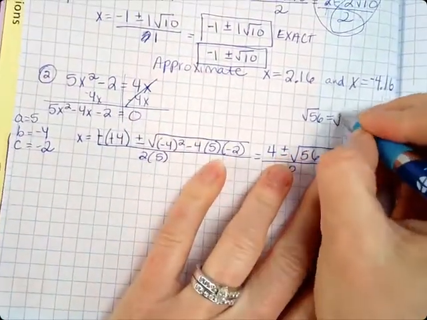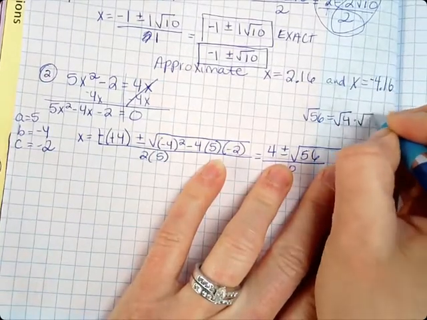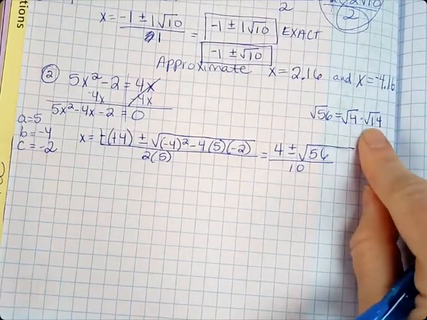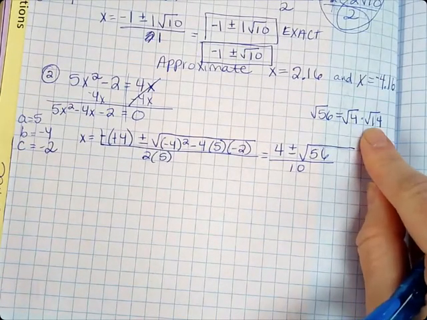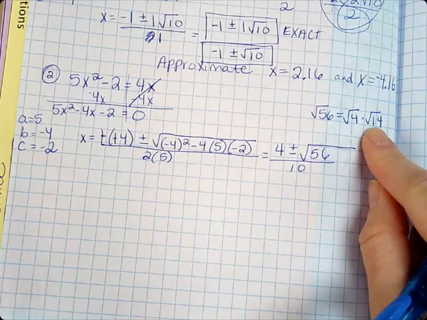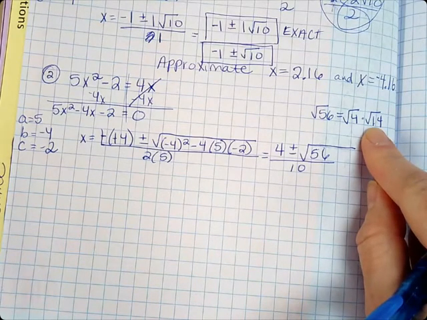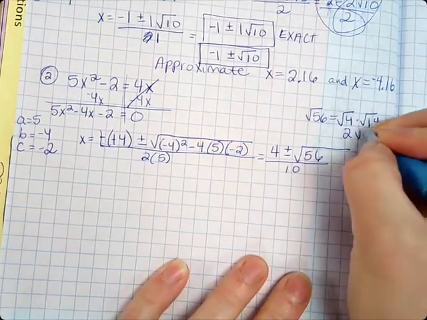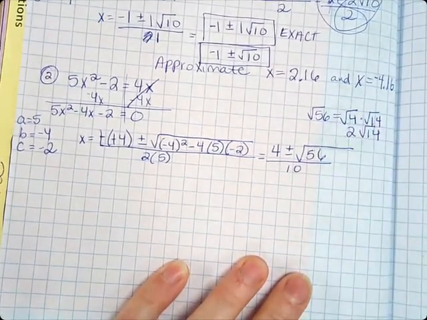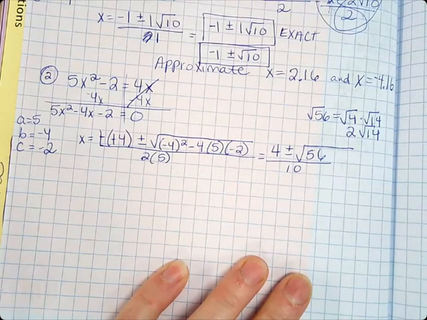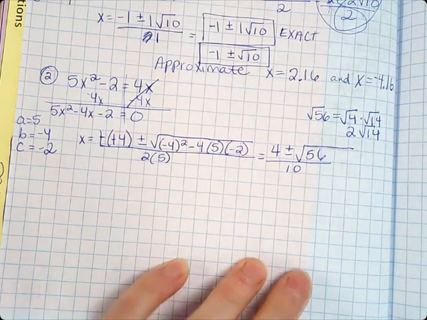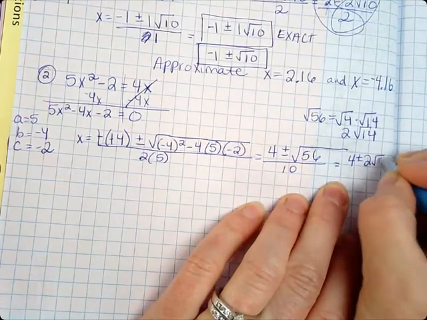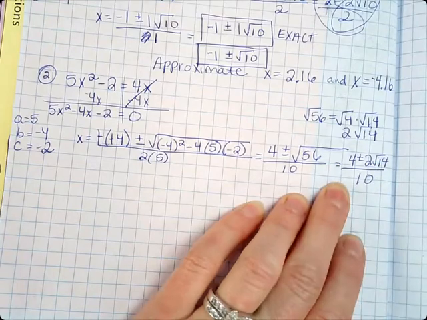So we could write this as square root of 4 times square root of 14, because the only thing that'll divide 14 evenly is 7 and 2, and neither one of those are perfect squares. So then we do the square root of 4, which is 2. So it's 2 square root of 14. So this equals 4 plus or minus 2 square root of 14 over 10.